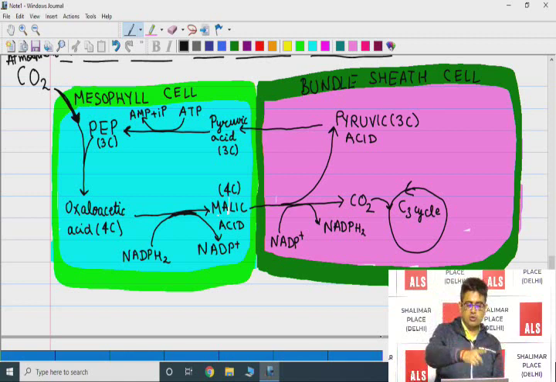For 1 CO2 transportation in this cycle, you require energy equivalent to 2 moles of ATP, right? So what will be the total energy requirement? C3 plus 6 into 2, that is C3 plus 12 ATP. C3 is 18 ATP. So your net getting is 30 ATP and 12 NADPH2.